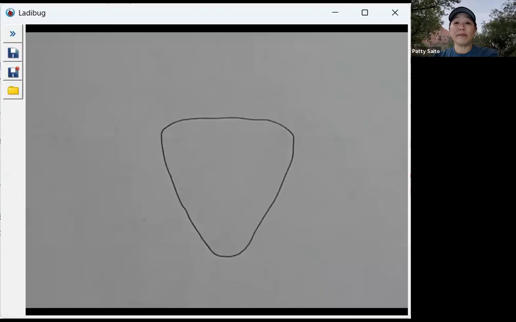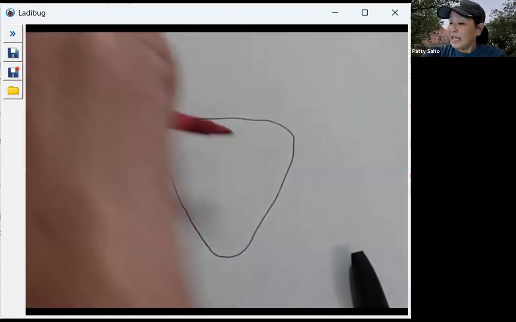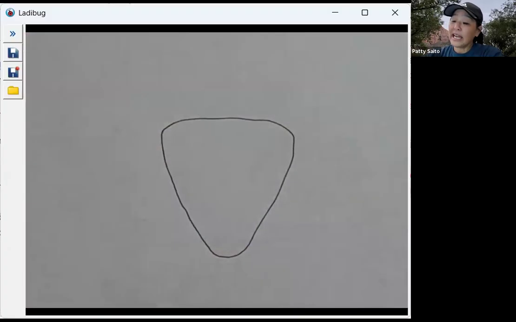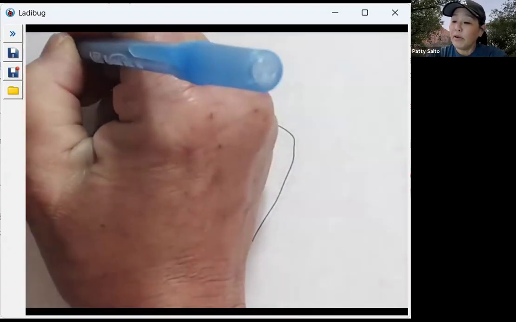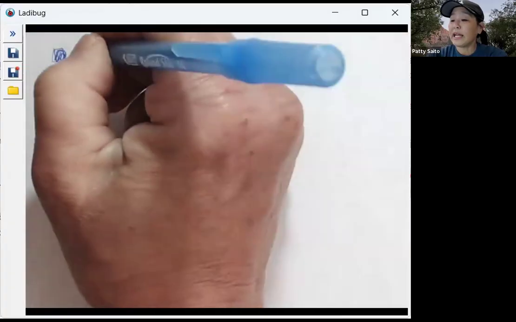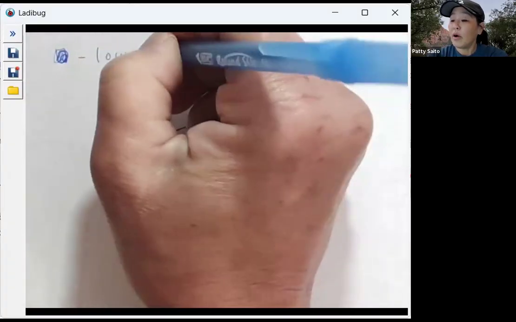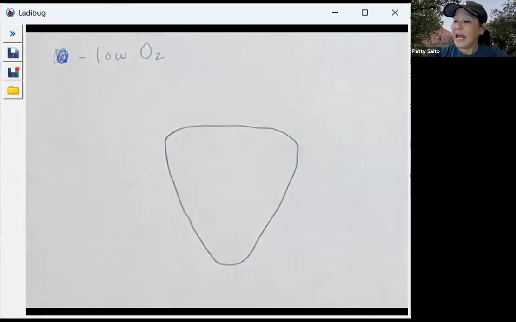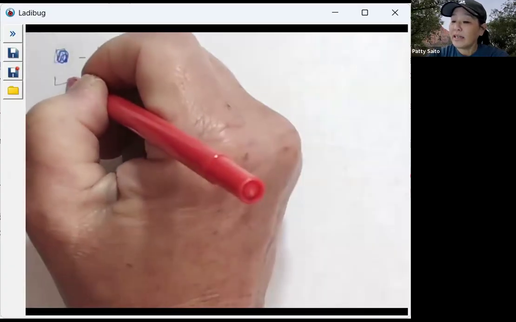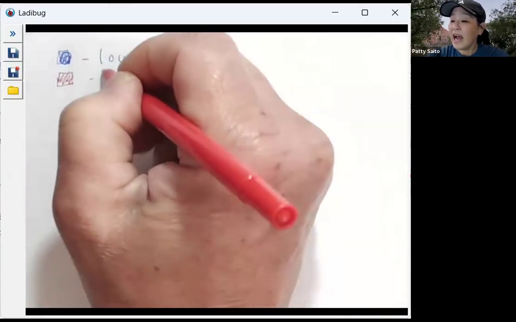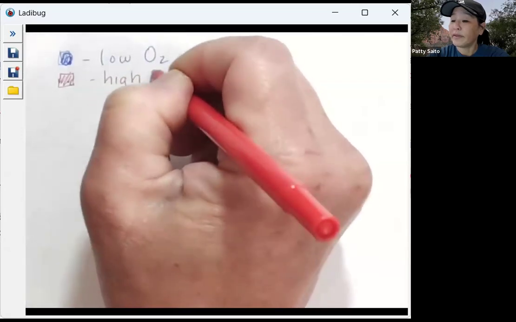It's a pumping machine. All right. So blood that is low in oxygen, and now I'm going to use the color blue to represent low O2 and the red to represent high O2.